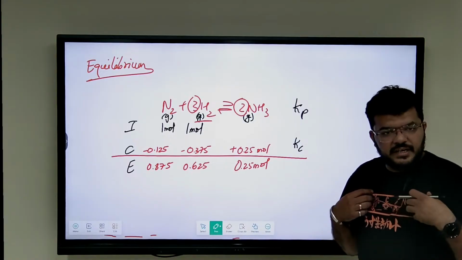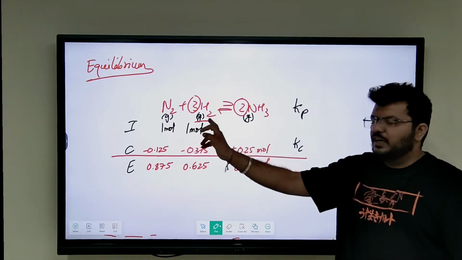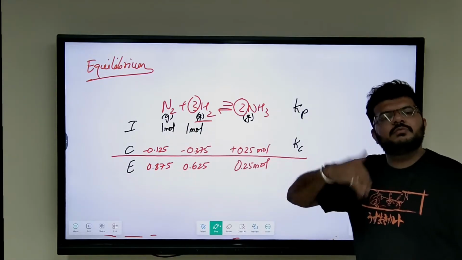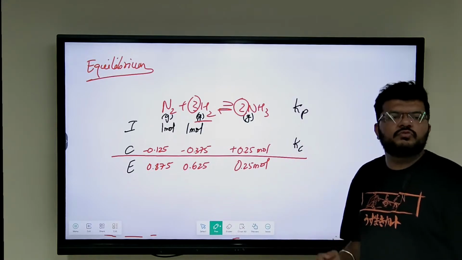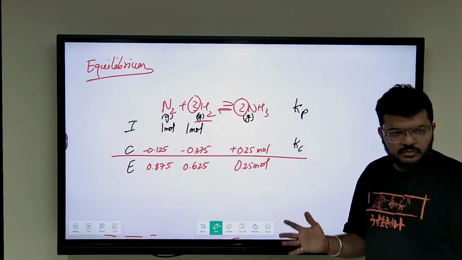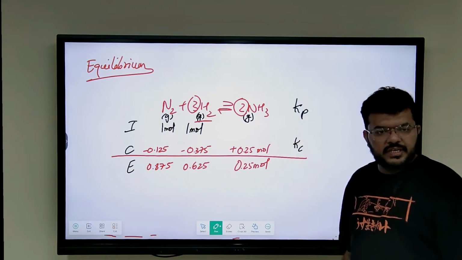No, I said in the starting of the question that you take 1 mole of each, equilibrium is established, at equilibrium you found the ammonia is 0.25 mole. So you have subtracted the mole. Yes, and therefore it will give me the moles at equilibrium.